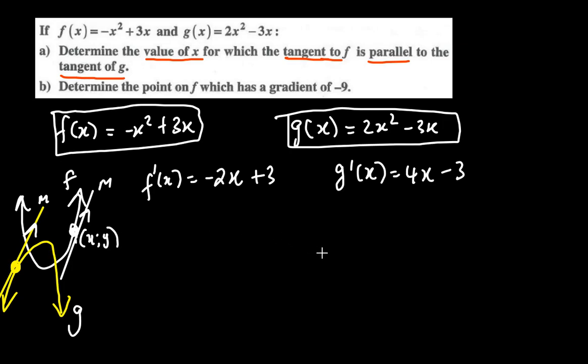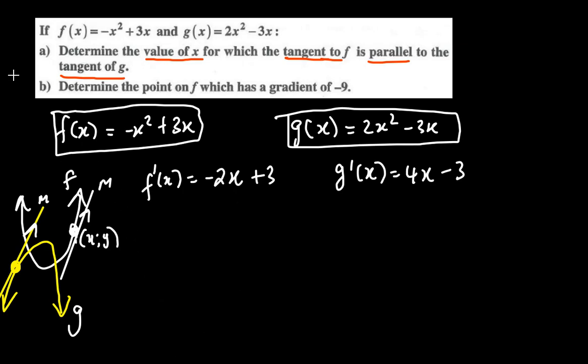Now the question said, what is the value of x so that the tangent to f and the tangent to g are parallel? We know that the gradients must be the same so that those lines are parallel.